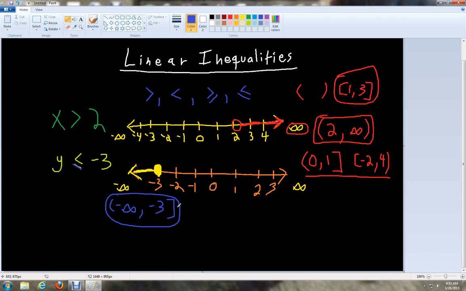Okay, so let's try to solve a linear inequality. Let's say we have 5x minus 7 is greater than or equal to 13. So this is just like solving an equation. You have to get x by itself. So we add 7 on both sides.